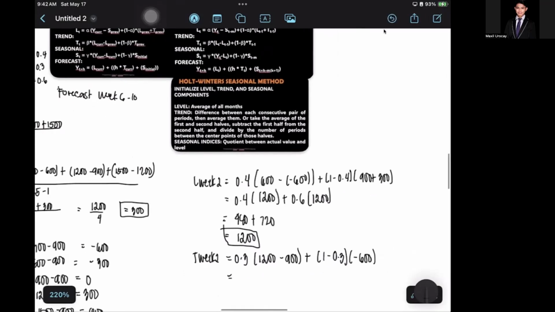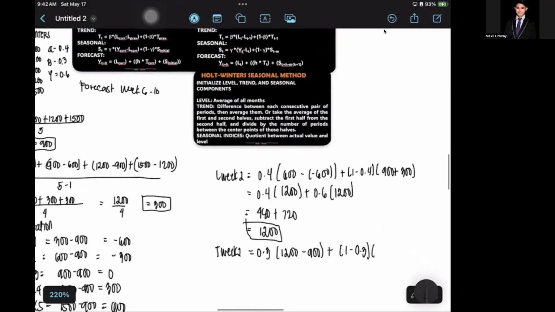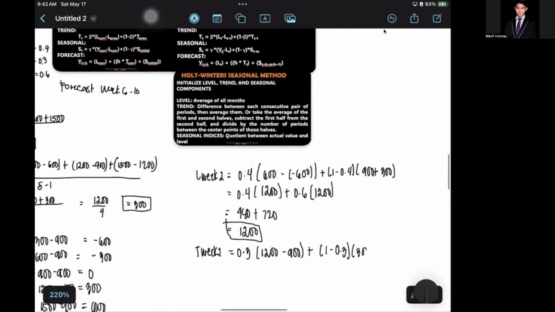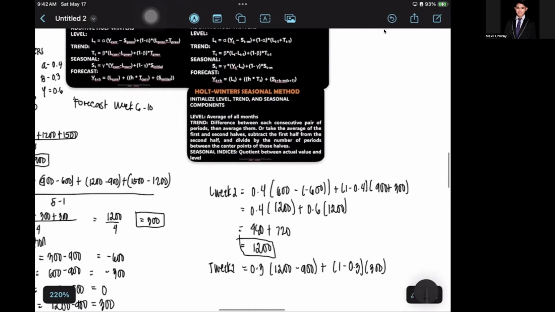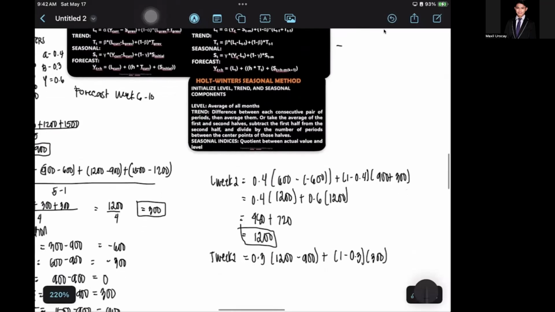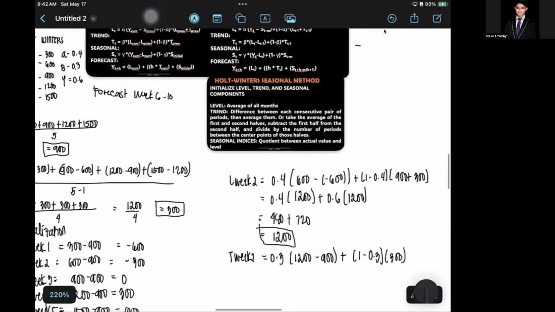That is 300. Right? Yes, 300. Because our formula is here. This one. So, current level 1,200, my previous level is 900.